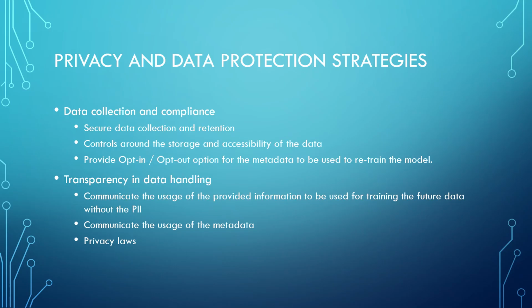For future data, we definitely have to make sure the restrictions around PII are catered for, and that is very, very important. Otherwise, it could be a problem on the regulatory side. And we have to communicate very clearly to the customer the uses of the metadata they have provided, in terms of race, gender, location, etc., so that the model can learn from it and give a better prediction next time.